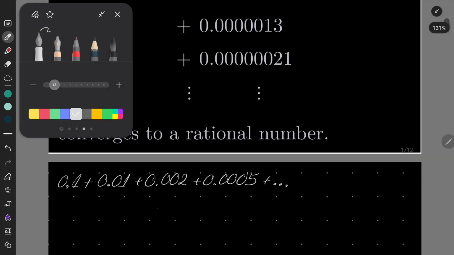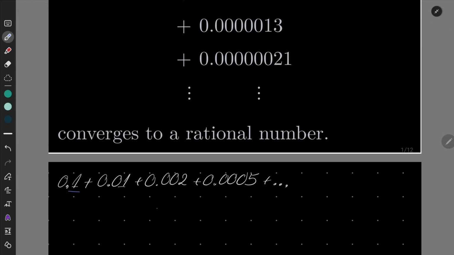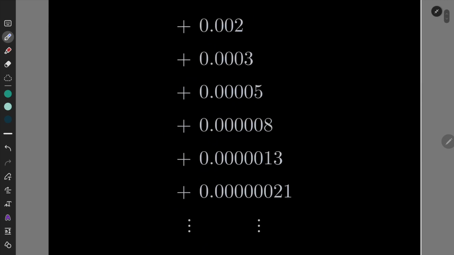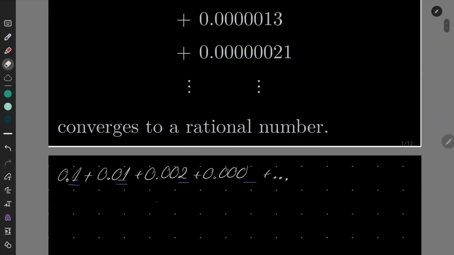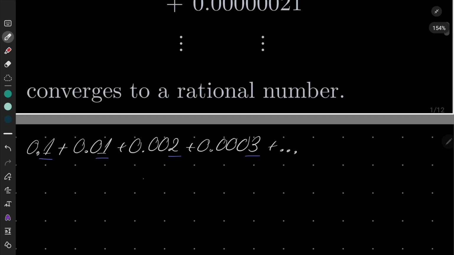And the crucial observation is that these numbers 1, 1, 2, 3 and so on are the consecutive terms of the Fibonacci sequence. Yes, so 1, 1, 2, 3, 5, 8, 13, 21 and so on, it's the Fibonacci sequence.